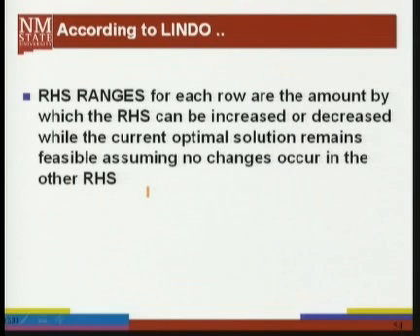In other words, within these ranges, we still have the same set of binding constraints. So the allowable decrease in the right-hand side ranges for each row is the amount by which the right-hand side can be decreased without changing the current binding constraints. Okay?